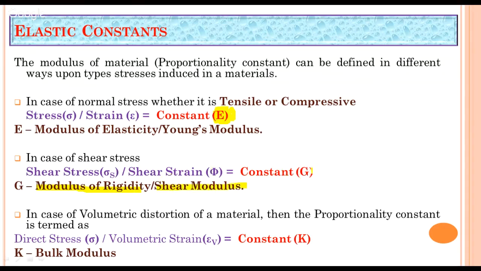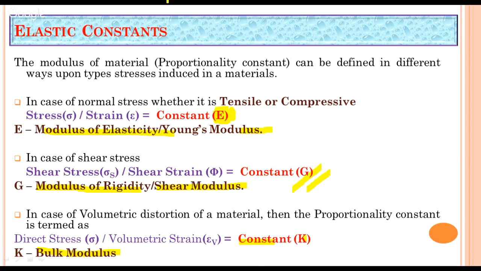It is denoted by the letter G, and sometimes C. In case of volumetric distortion due to the action of direct stresses on the members, the ratio of direct stress to the corresponding volumetric strain is equal to one constant, termed the bulk modulus. So Young's modulus, shear modulus and bulk modulus form the three elastic constants of a material.